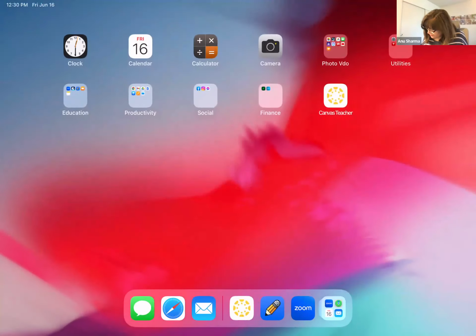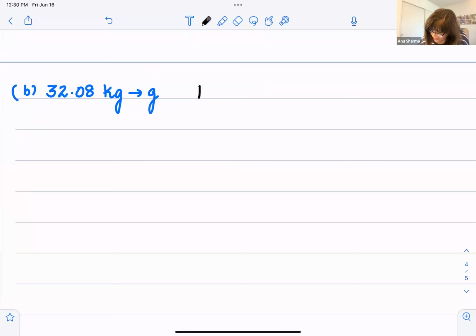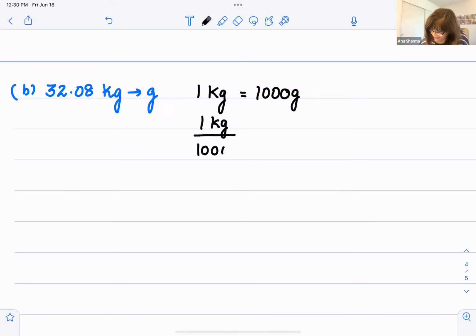So here you write this down, equality: 1 kilogram is equal to 1,000 grams. And then the two conversion factors are 1 kilogram over 1,000 grams, or 1,000 grams over 1 kilogram.